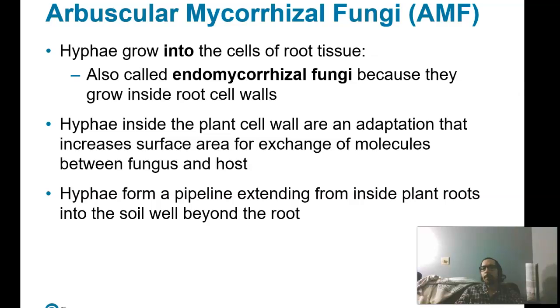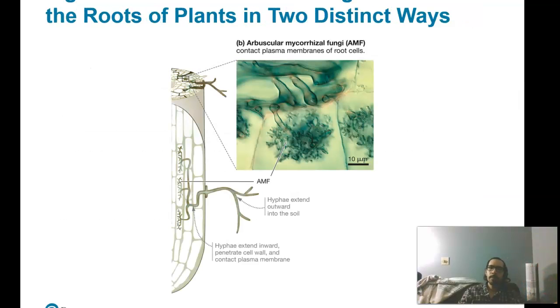So the hyphae form a pipeline extending from inside the plant roots into the soil well beyond the root. Okay, so here you can see the hyphae penetrating the cell walls of the root.